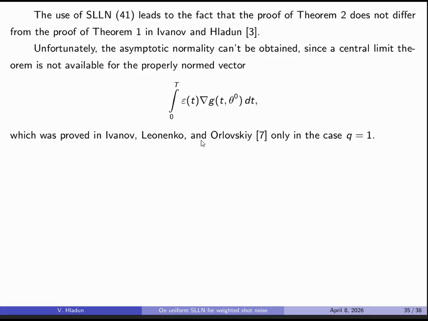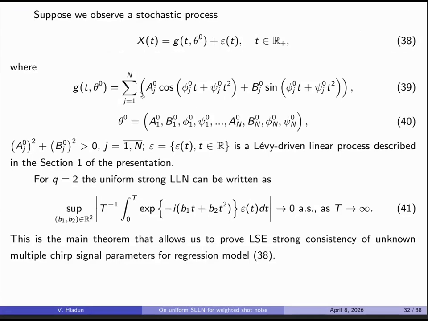They used a special approach, and they used the definition of spectral measure of the regression function to prove the asymptotic normality of such integrals. And if I'm not mistaken, this spectral measure for such a type of regression function does not exist. So we can't use the approach that was described in this article to prove the asymptotic normality property, because we can't prove the central limit theorem.